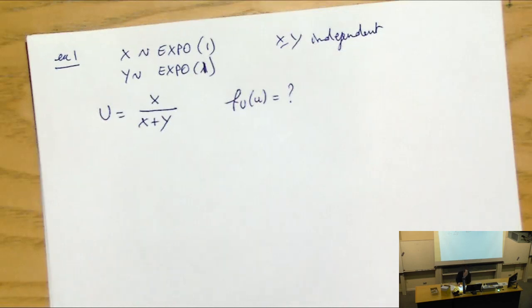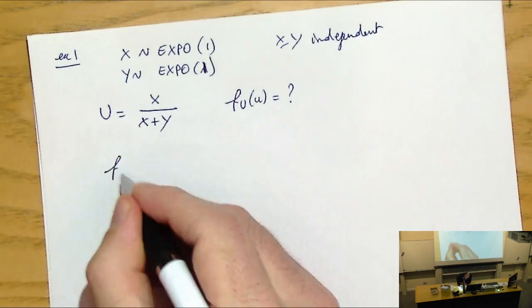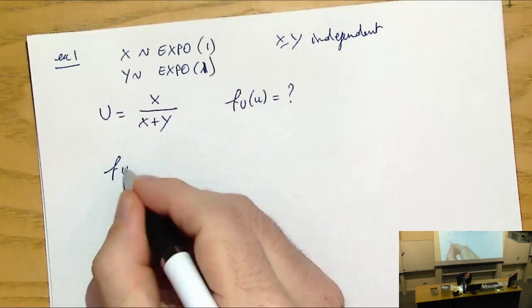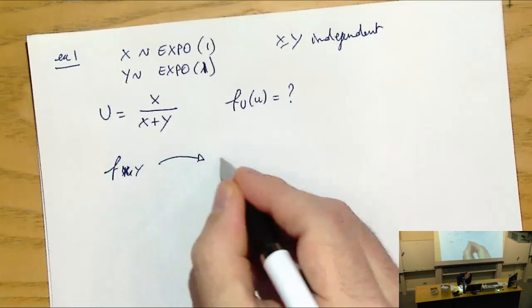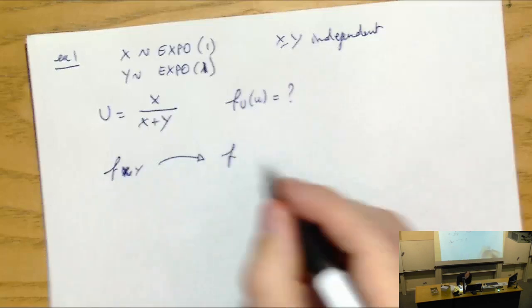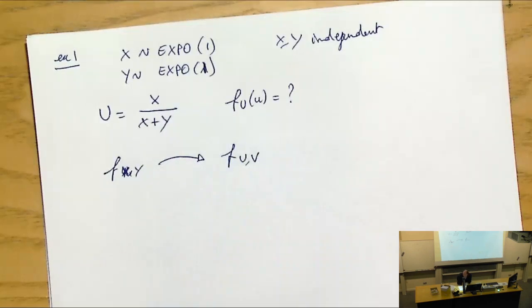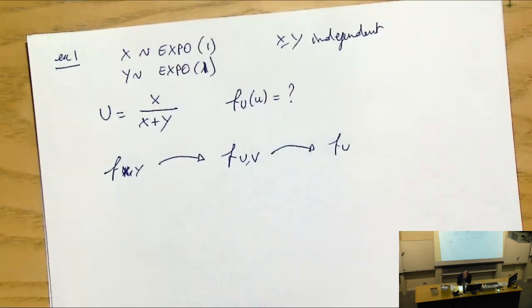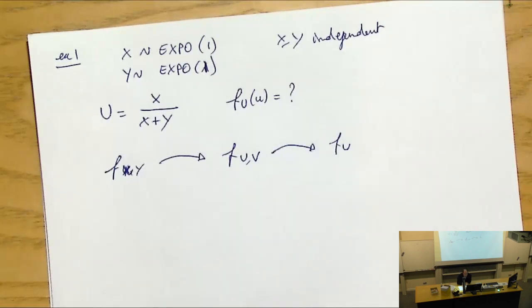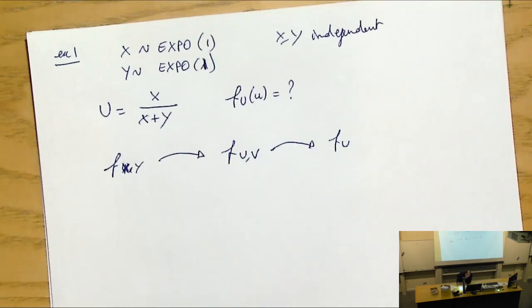And so what you may want to do, and that's what we're going to do here, we're going to go from x, y, so the joint PDF of x, y, into the joint PDF of u, v, and we're going to introduce an auxiliary random variable v, and from there we're going to compute the probability density function of u. Right, so what can we introduce here?